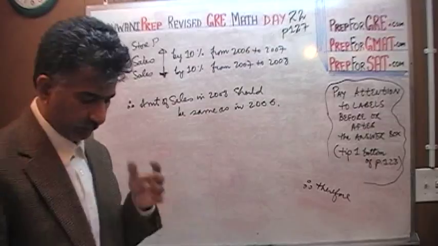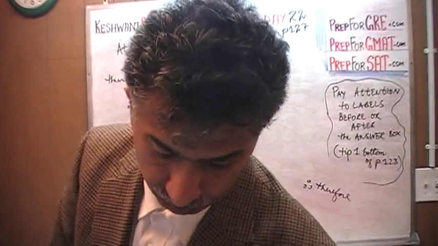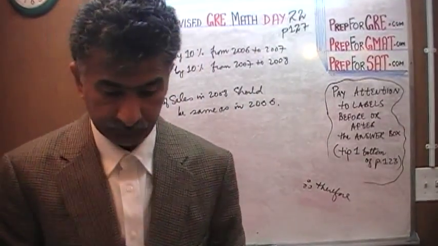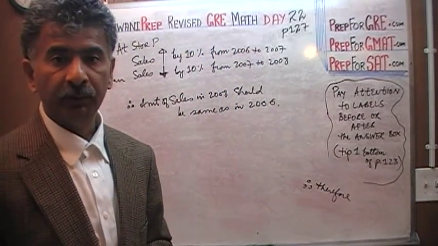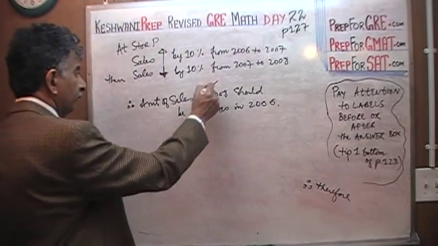Pretty simple, pretty straightforward problem. Because it's going up by 10%, it's falling by 10%. So it stands to reason that it will be the same as what you started out with. And the answer is no.